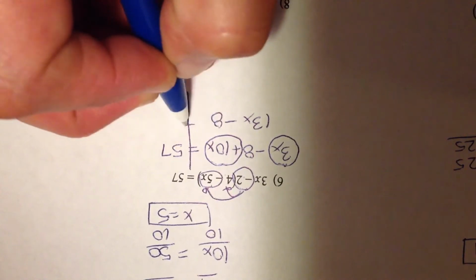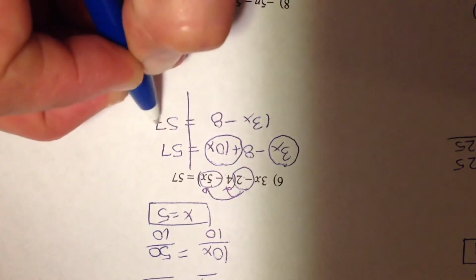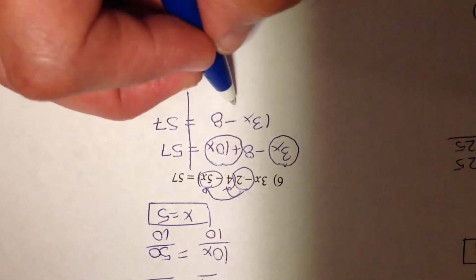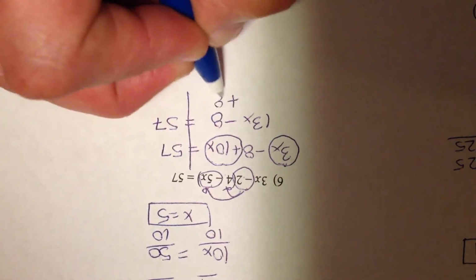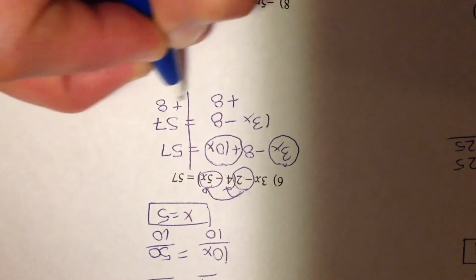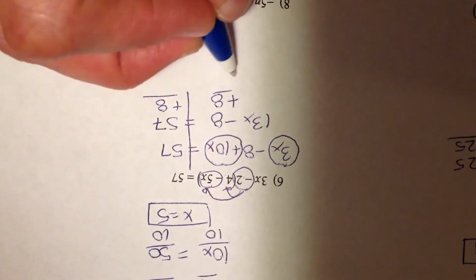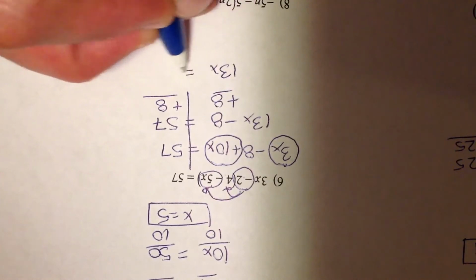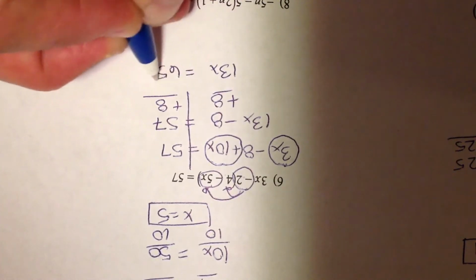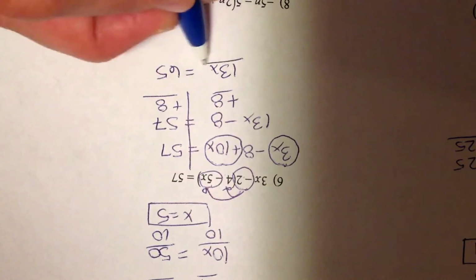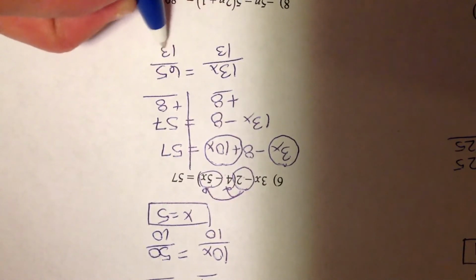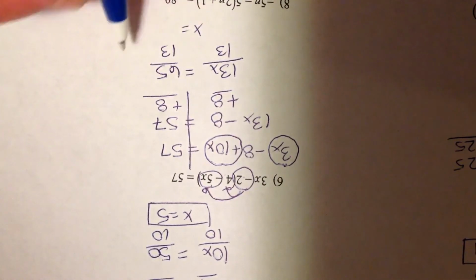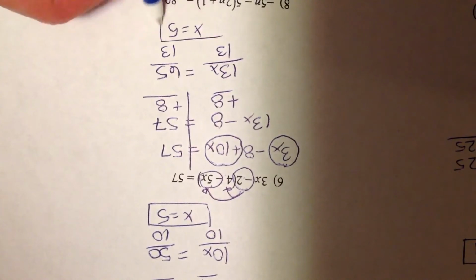Minus 8 equals 57. Next thing I'll do is add 8 to both sides. And I have 13x equals 65. I divide both sides by 13. x equals 5.